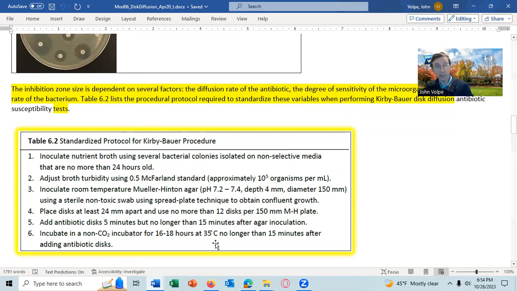And it should be an incubator that doesn't have CO2 added to it. And then you incubate for 16 to 18 hours at 35 degrees C. Obviously, if you use a different temperature or you incubate it at a different time, you can have a different size of the zone of inhibition.